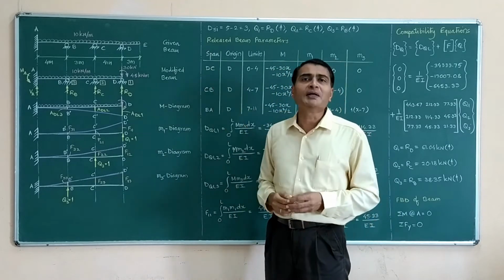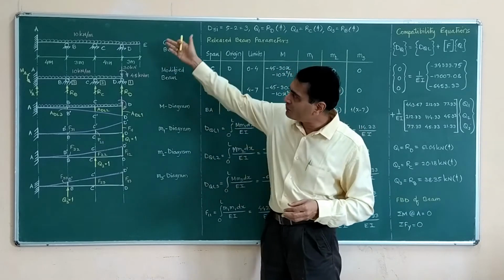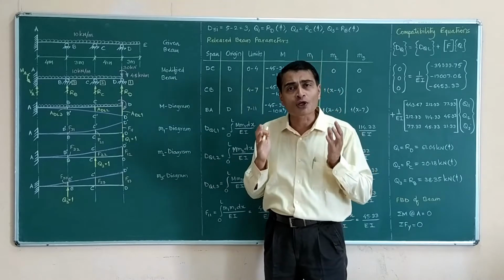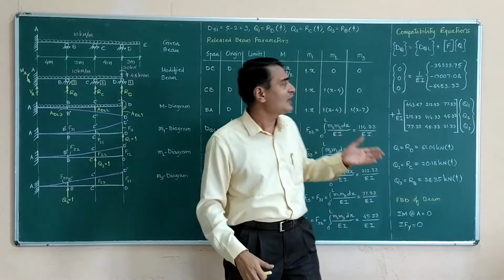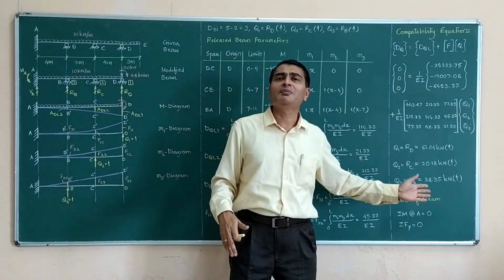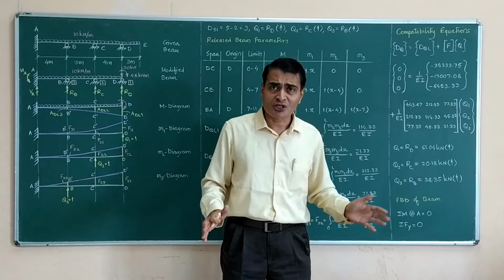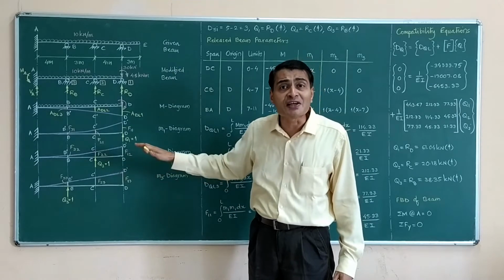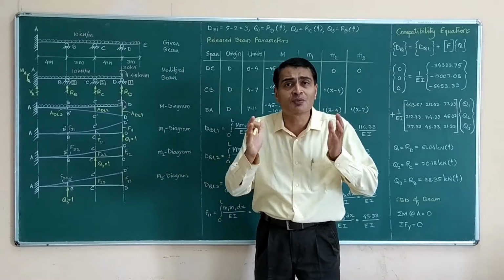So let's see the problem. First of all, I will discuss all these diagrams, I will discuss all the notations, and then as a formality, I will be discussing the calculations, because the conceptual understanding is really here, particularly in flexibility method.